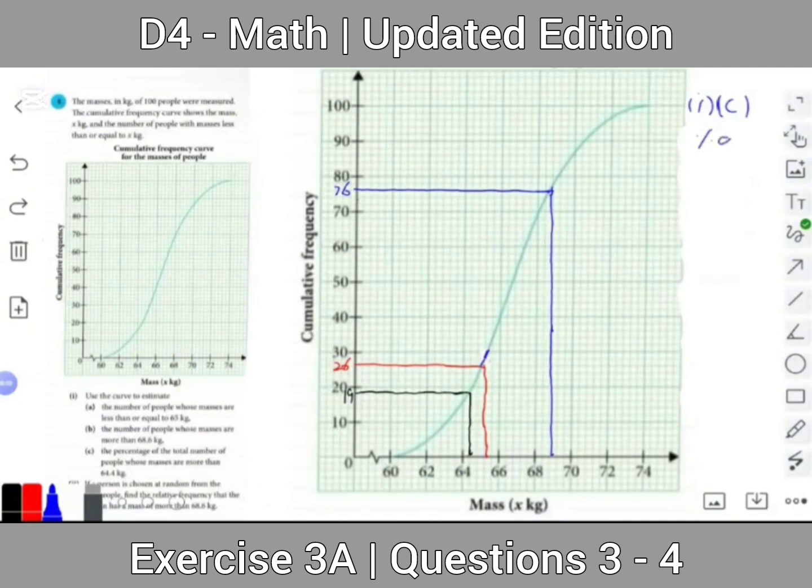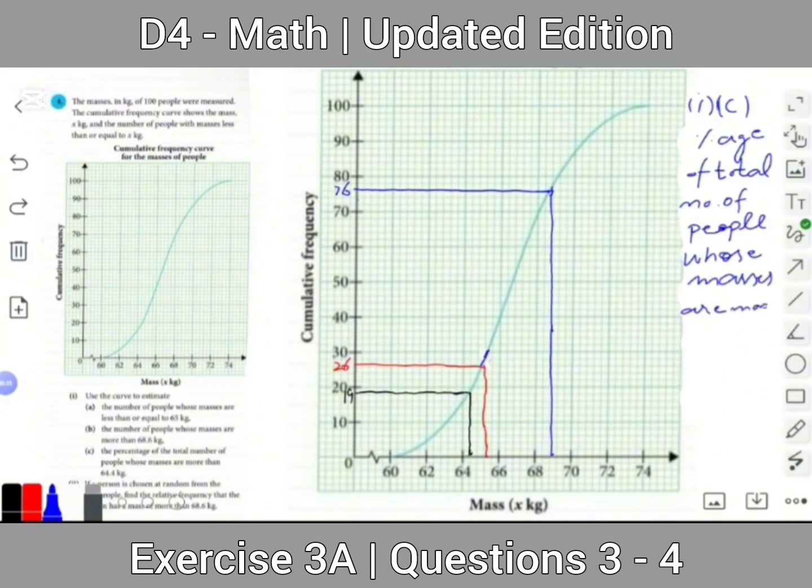Now we want to find the percentage of the total number of people whose masses are more than 64.4 kg.